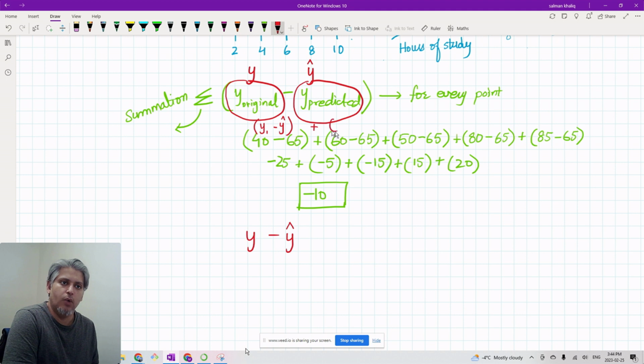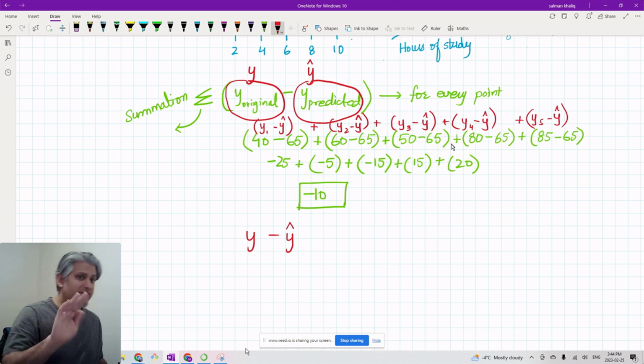Then I added y2 minus the predicted value, then y3 minus the predicted value, then y4 minus the predicted value, and finally y5 minus the predicted value.